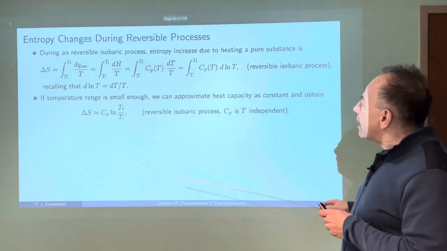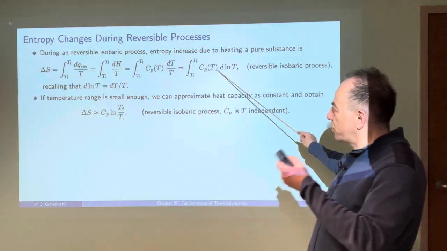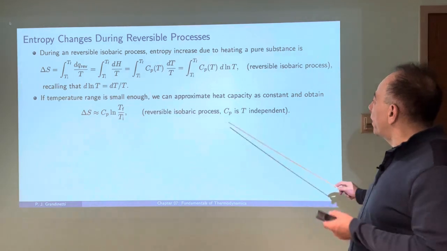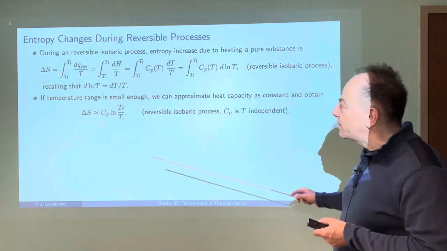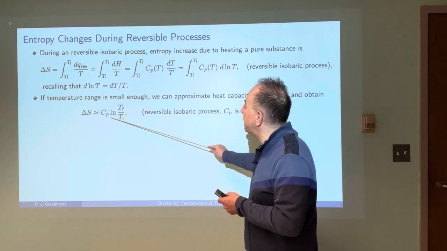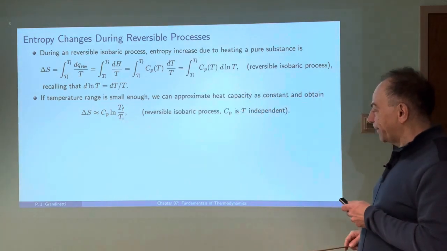Okay. The heat capacity here you can see is temperature dependent, which is generally true, but if you're in a small enough range where the heat capacity is approximately constant, you could slide that out of that integral, and then this integral becomes simple to evaluate, and you get this expression here. All right.